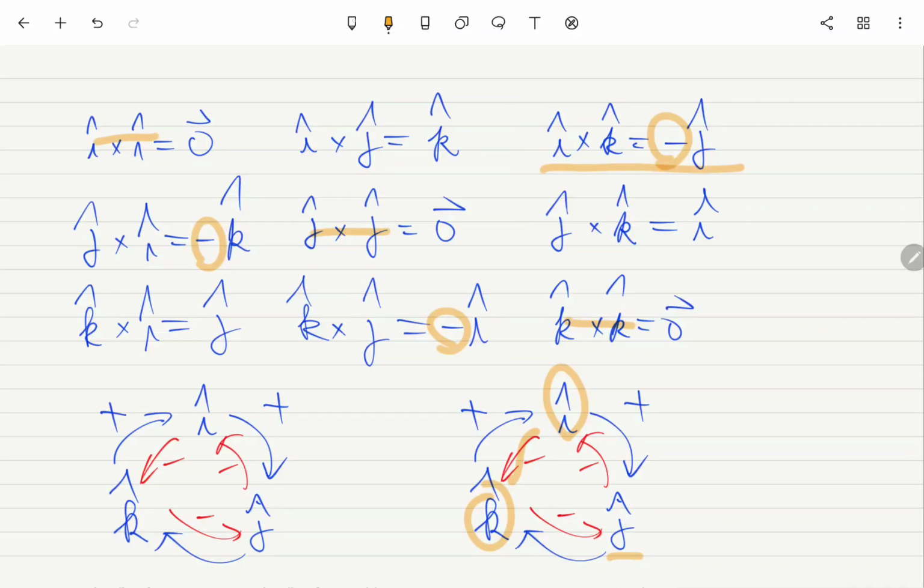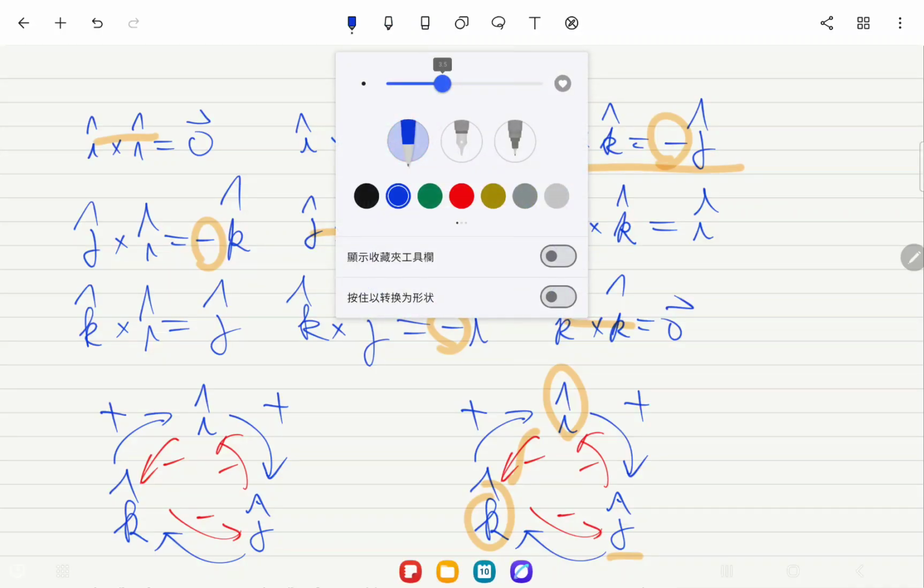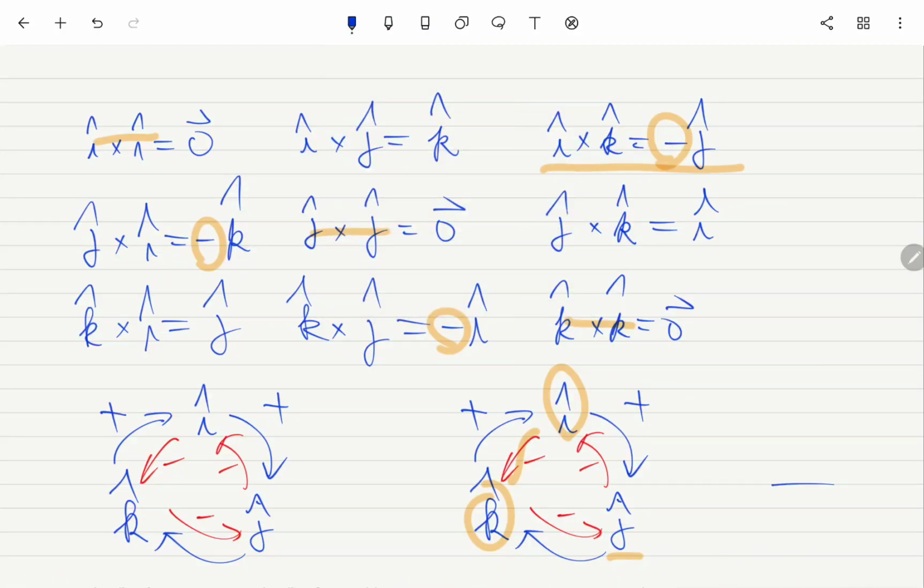So also for the three-dimensional Cartesian coordinate, x, y, and z, we usually draw it like this.